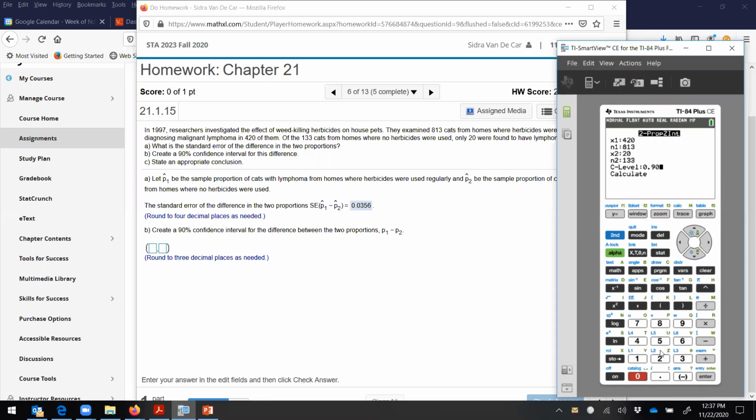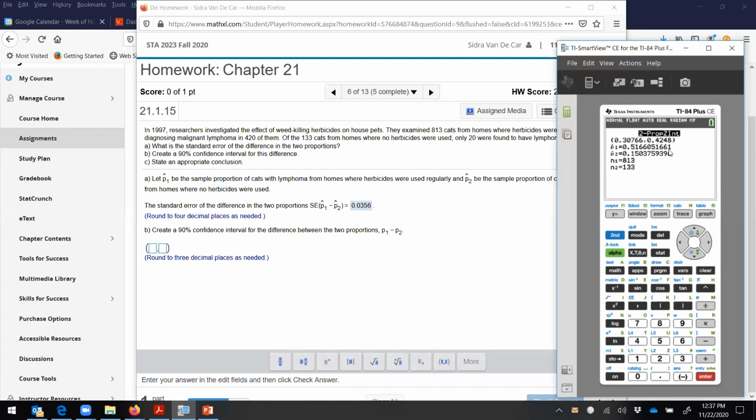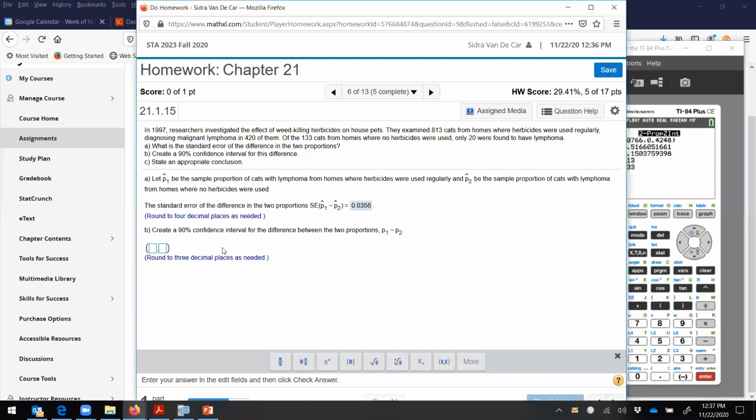And this time we want to be 90%. So that was 0.308 to 0.425.